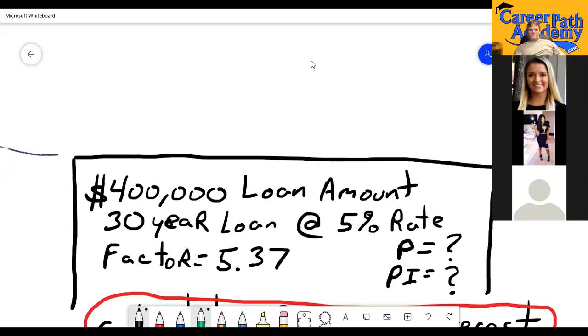You guys see it? Yes. This is a brand new example, a new problem altogether. Okay. 400,000 loan, 30 years, 5% interest rate. So we still got the same factor, 5.37. So what is the PI, the monthly mortgage payment, and how much of it goes towards principal?